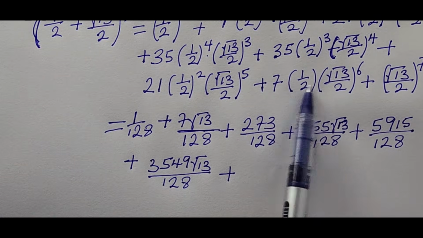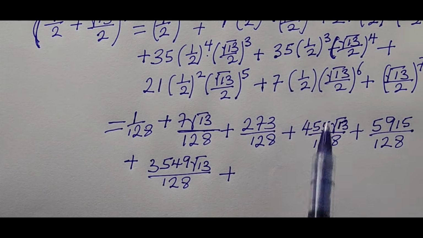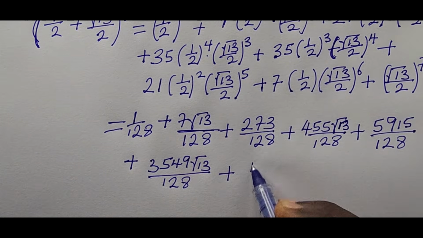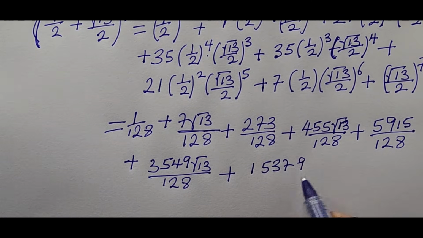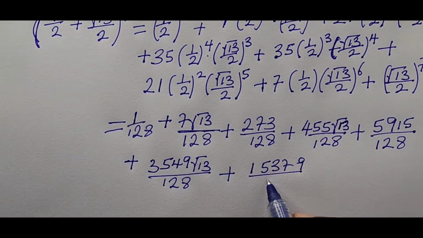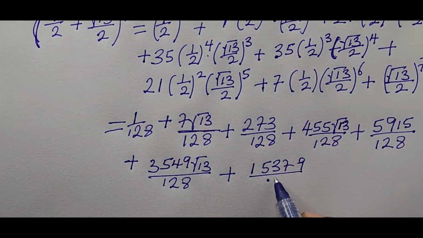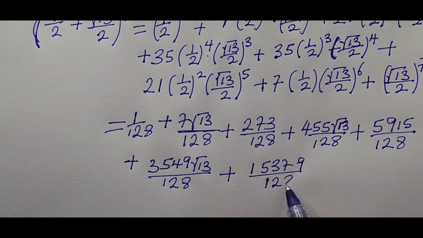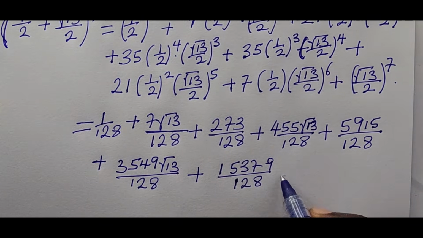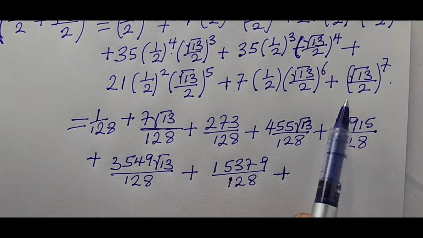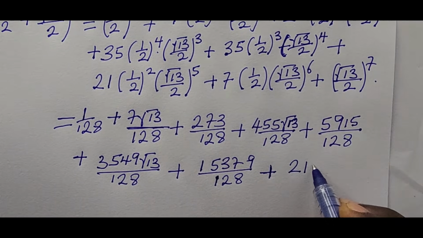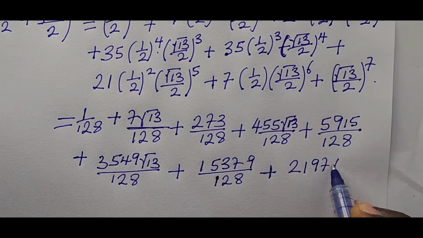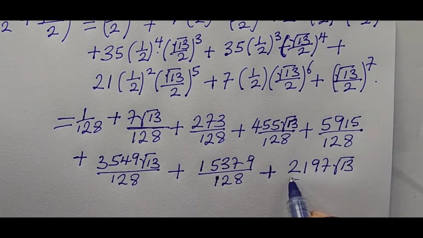If we open up everything here, this is going to give us 15,379 all over 128. Then plus the last one, if we open up everything here, this will give us 2197 root 13 all over 128.